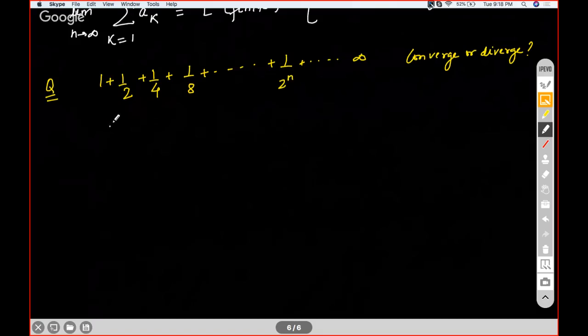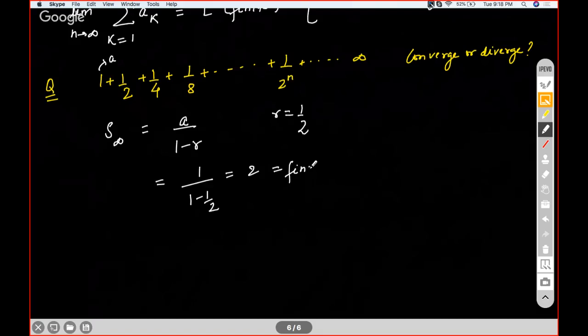You already know the formula for infinite terms of a geometric series. What is that? a by 1 minus r. a here is 1, and r here is half. So it's going to be 1 divided by 1 minus half. That's going to be 2. Is this a finite quantity? Yes. So this series converges, and it converges to 2.